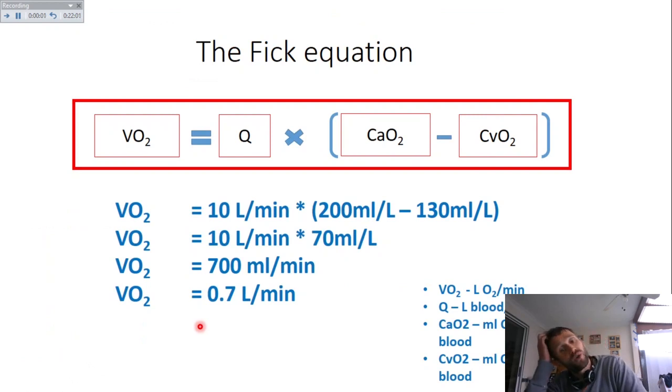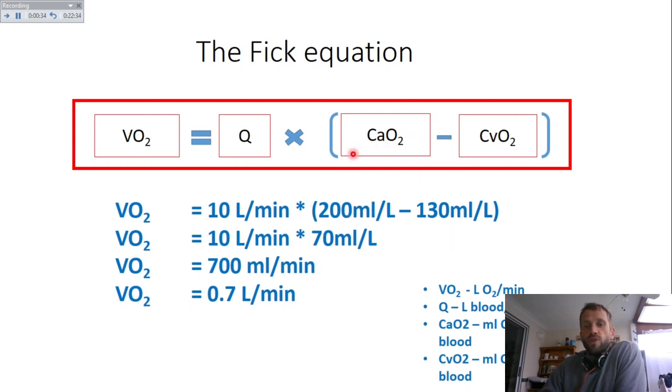Now, what's great about the Fick equation is that, like I said before, you can start to manipulate different elements to consider how it's going to impact your oxygen consumption. An example of this would be this simple formula here. Let's say we wanted to work out VO2, and we knew our cardiac output. Let's say it was 10 litres per minute, so a reasonably high cardiac output, certainly during exercise. Then we multiply that by the difference between arterial and venous blood.